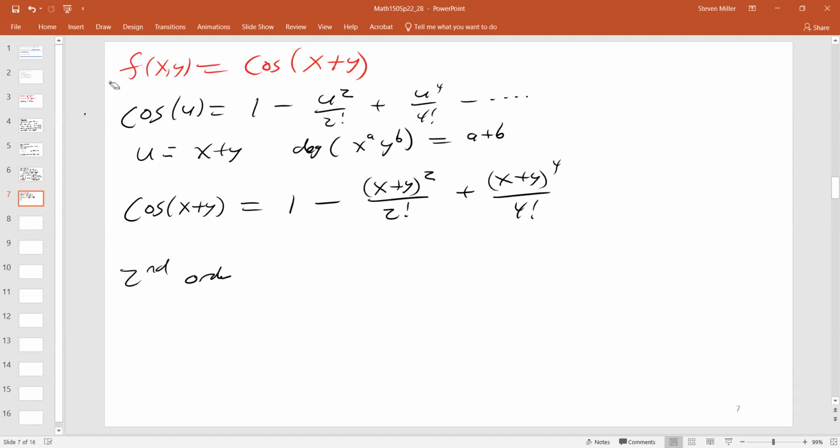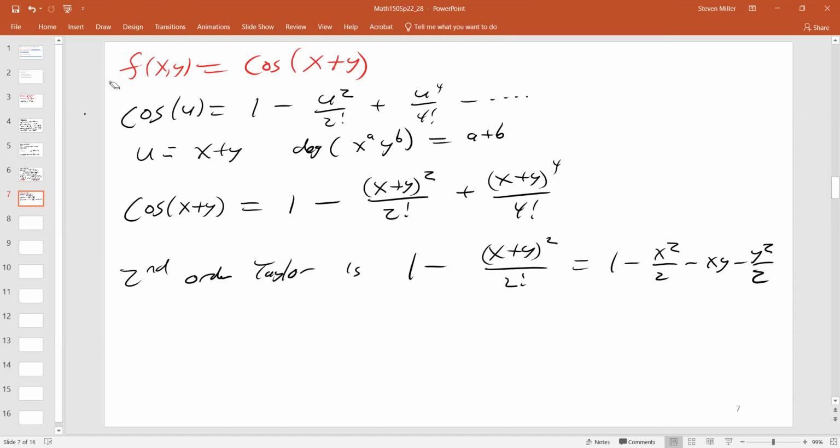So second order Taylor is 1 minus x plus y squared over 2 factorial, which is 1 minus x squared over 2 minus xy minus y squared over 2, if you want to multiply it out. So this is one way that I can calculate the second order Taylor series.